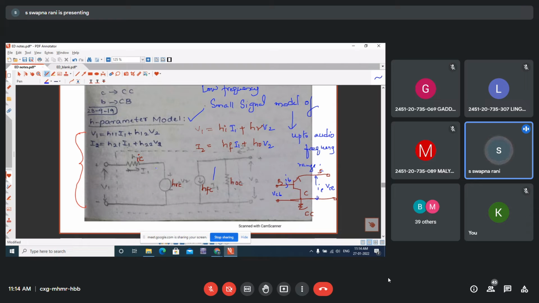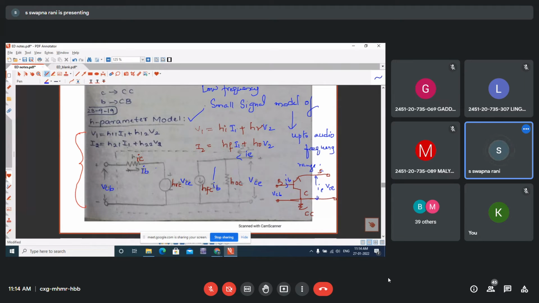So what you can do, first you draw the circuit, later you erase these components and in place of I1, write IB, in place of I2, write IE, in place of V2, write VCE, in place of V1, write VCB. Wherever V2 is there, VCE, and wherever I1 is there, this is IB.